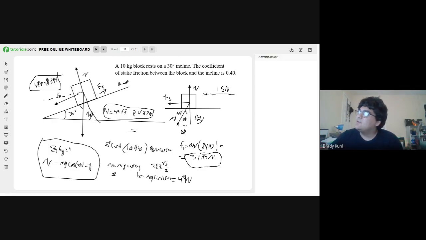Acceleration equals F net over mass. So with 10 kilograms, acceleration will be 1.5 meters per second squared. And that is the acceleration of the block going down the incline.